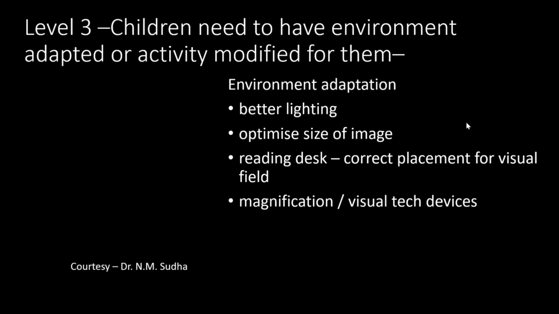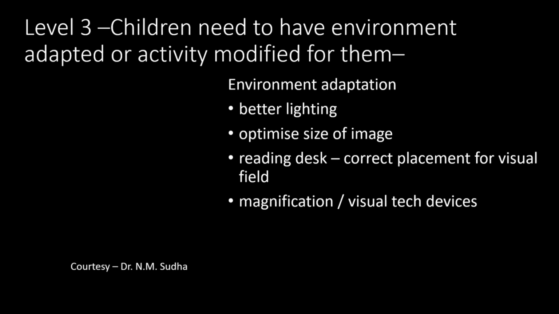So level 3. In these children, the children will require environmental modifications to be made by you, and then they slowly get adapted to them by getting used to it. This includes environmental adaptation, includes better lighting, and optimizing the size of the image. Reading desk should be placed in the correct visual field. Like if the child has left side hemianopia, do not place the reading desk on the left side.